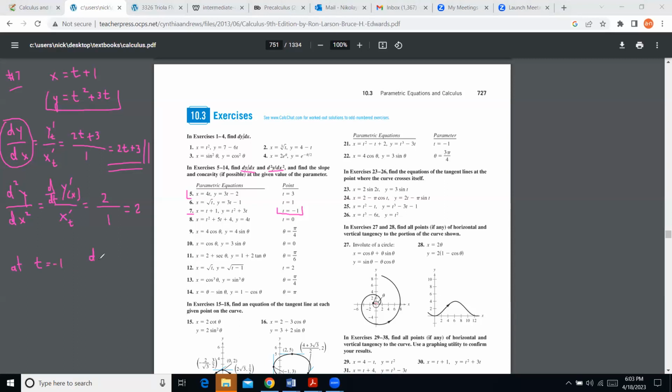So dy dx at t equal to -1 is going to be 2 times -1 plus 3. So you just plug it in for your parameter and you get some number, like number 1. So just for practice's sake, they ask for these procedures.